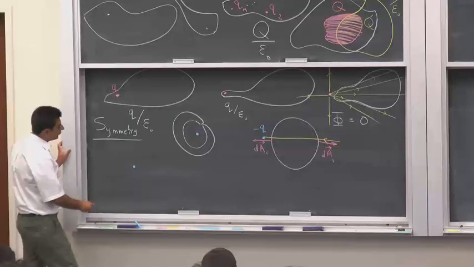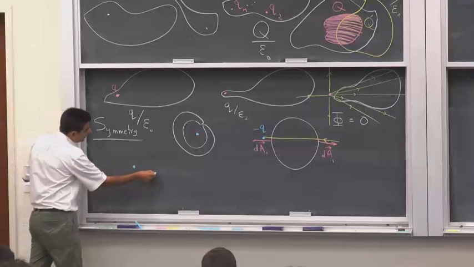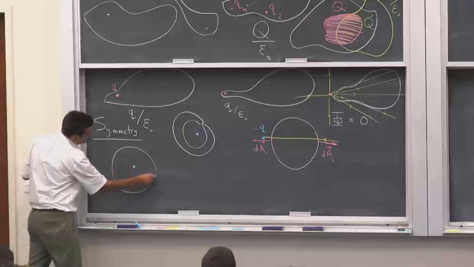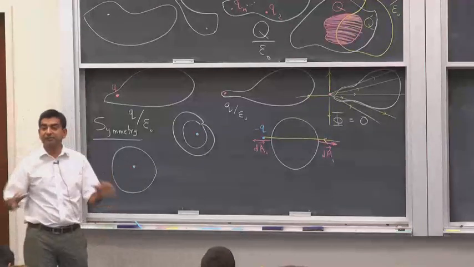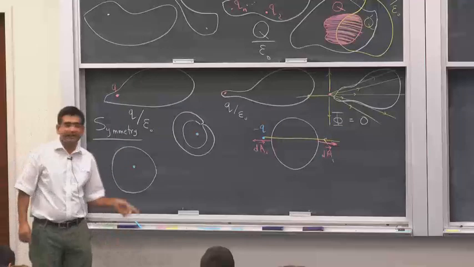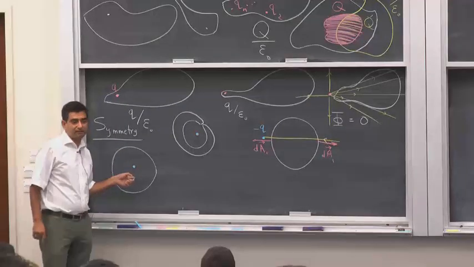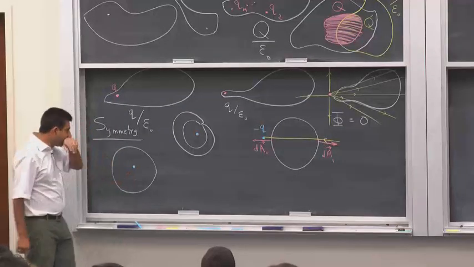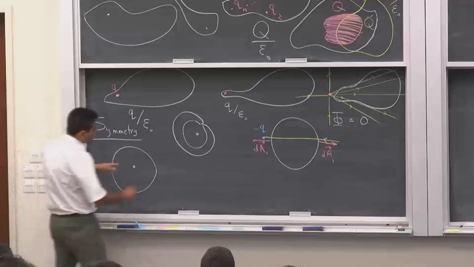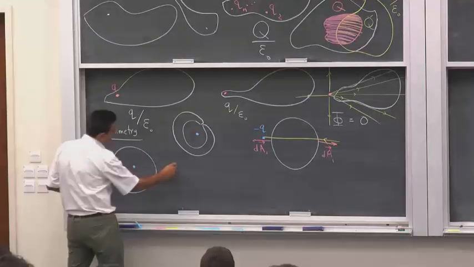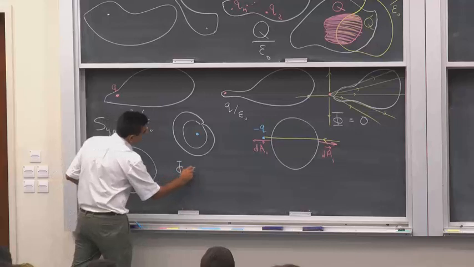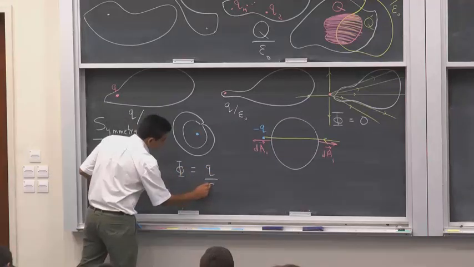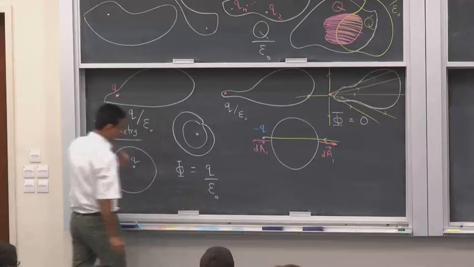Now if I were to draw a sphere around this point charge, and of course I'm drawing a cross section of the sphere. The sphere is 3-dimensional, it's a closed surface, and this point charge is at its center. Now what I do know is that the flux through this surface, this is Q, is going to be Q over epsilon naught by Gauss's law.